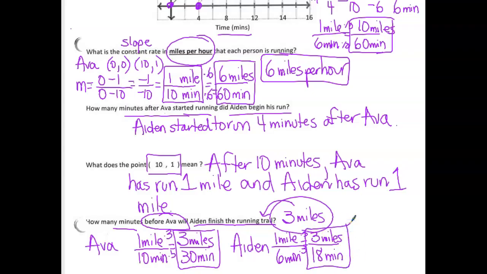And then, how many minutes before Ava will Aiden finish? I'm just going to subtract the 2 times. 30 minutes minus 18 minutes. So my final answer is 12 minutes. And that is how your warm-up is solved for today.